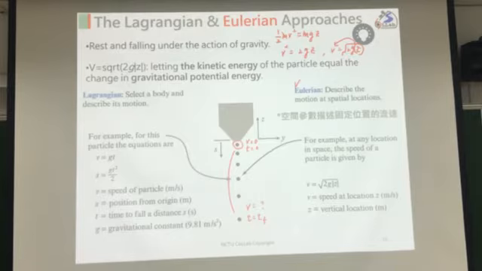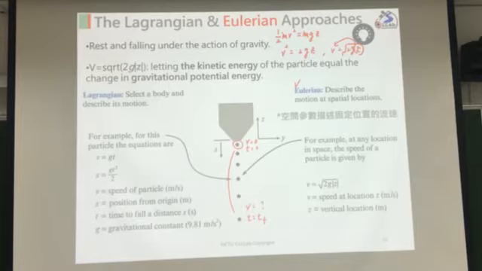So that's the advantage of the Euler approach, because we don't need to know the initial point. Second, even though we don't know the velocity field first, we can base on basic principles and try to find the velocity field as a function of the spatial locations.